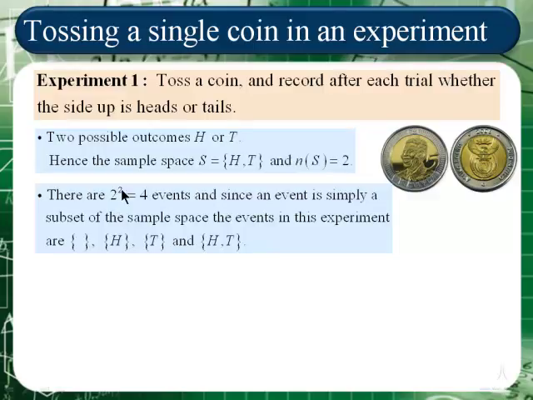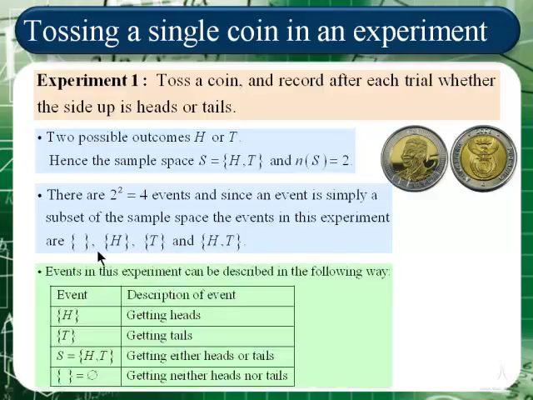So there will be 2 to the power 2, or 4 events in this experiment, since an event is simply the subset of a sample space, and the events in this experiment are therefore the empty set, the set containing the element H, the set containing the element T, and the set containing both the elements. These 4 events can be described in a verbal way.